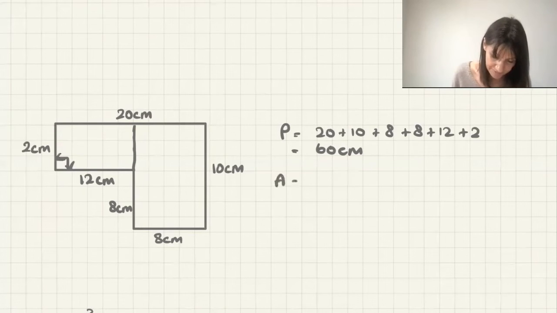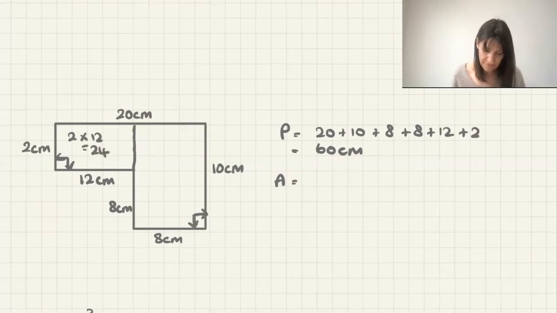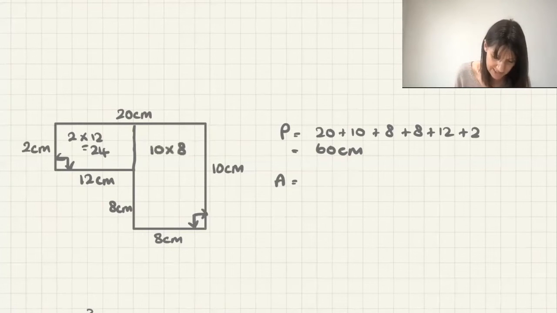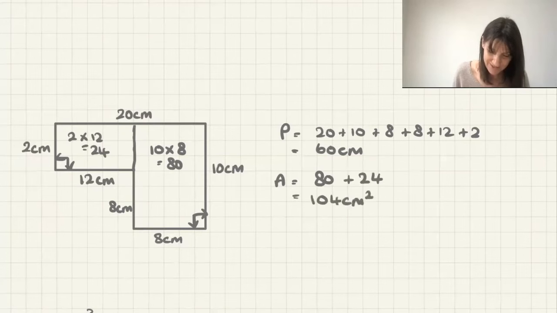So area, 2 times 12, 24. But I'm pointing to 10 and 8. So 10 times 8 equals 80. So my area is going to be 80 plus 24, which is 104 centimeters squared.